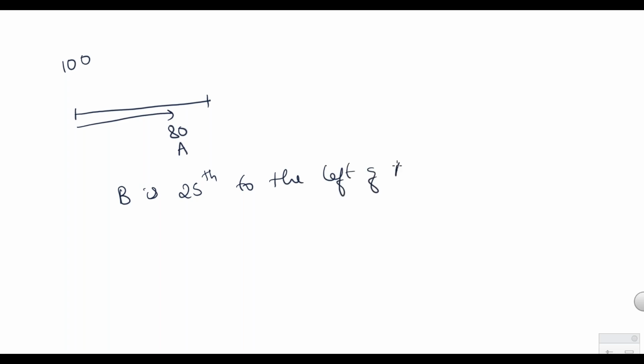We'll take this example. Let's say in a row of 100 people, the position of A from left hand is 80, and B is 25th to the left of A. Then what is B's position from left hand?